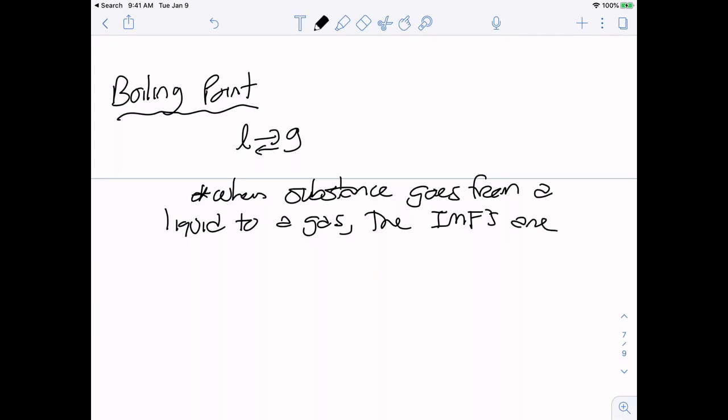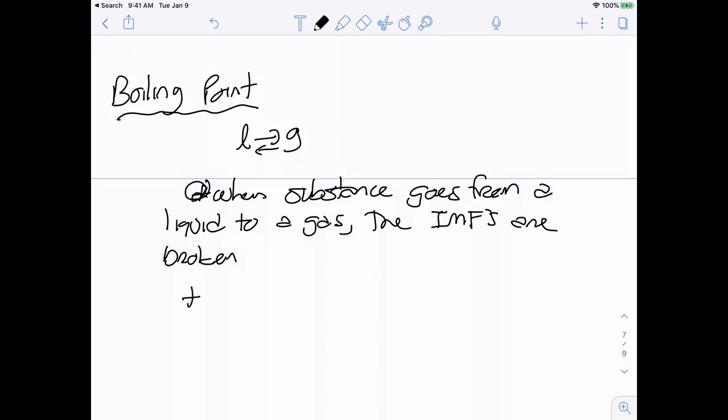We talked about that in the beginning of this chapter. We said that the defining difference between a gas and a liquid is that gases don't have any connections between particles. In liquids, I do. Those connections are my intermolecular forces. So when I'm going from a liquid to a gas, I'm breaking intermolecular forces.